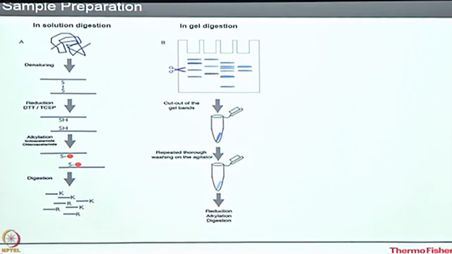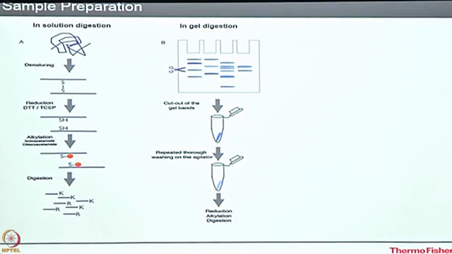In case of in-solution digestion, the protein is already in the solution, so you have to do the reduction and alkylation. It's a very important part. Otherwise, what will happen? There are disulfide linkages. Due to these disulfide linkages, the protein will not open up, so you have to go through this reduction and alkylation. DTT is very common for reduction.